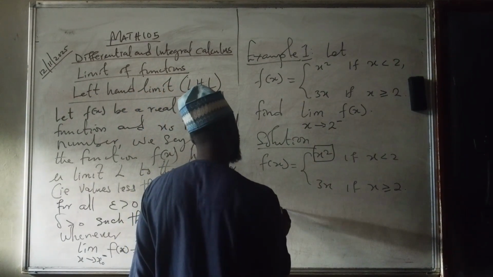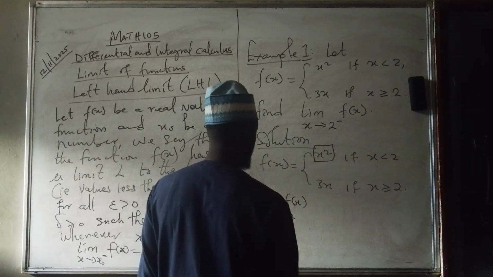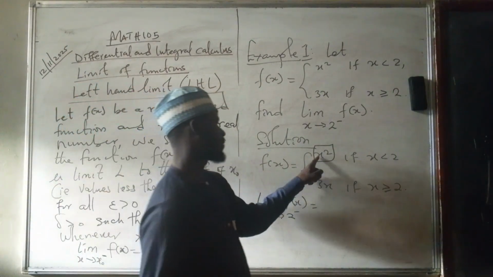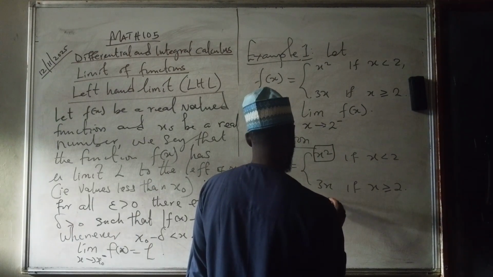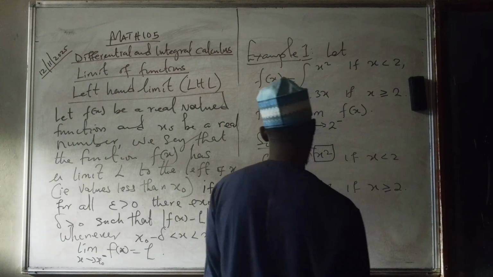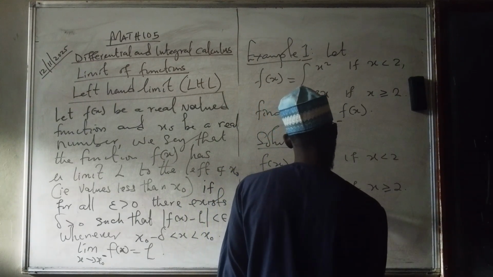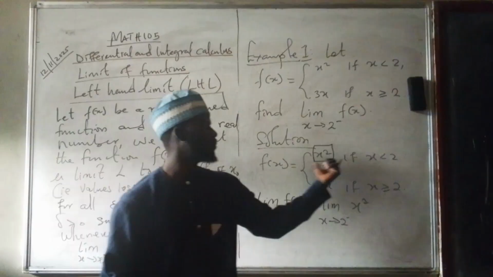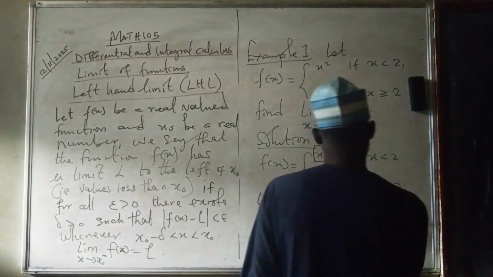So that limit of f of x as x tends to 2 from the left: this is the limit as x tends to 2 from the left of x squared, because that is the part of the function we are considering, since we are considering values of x less than 2, so we cannot consider this other one.